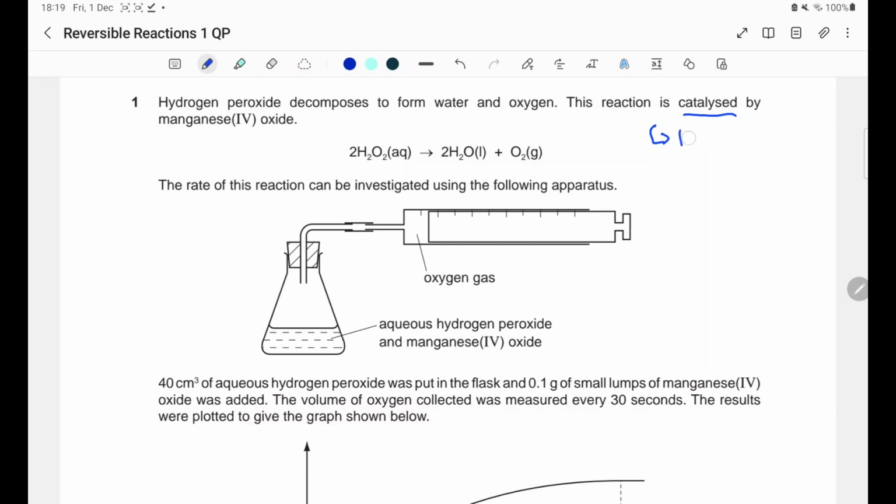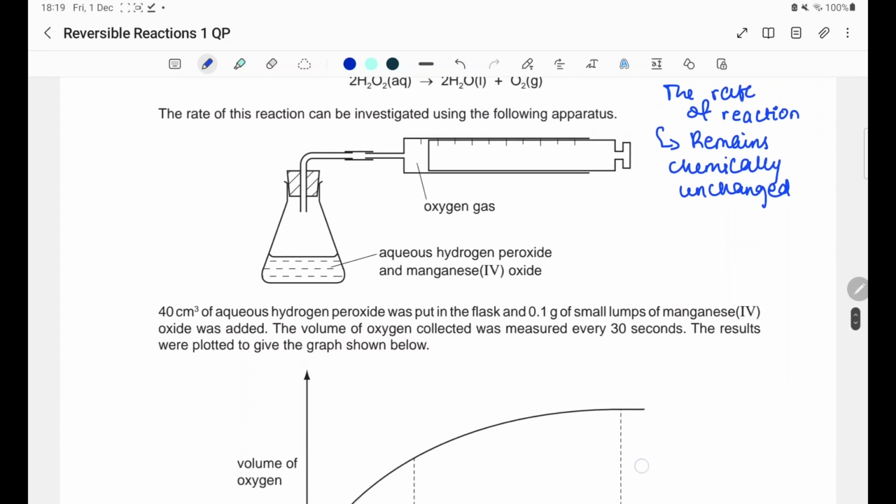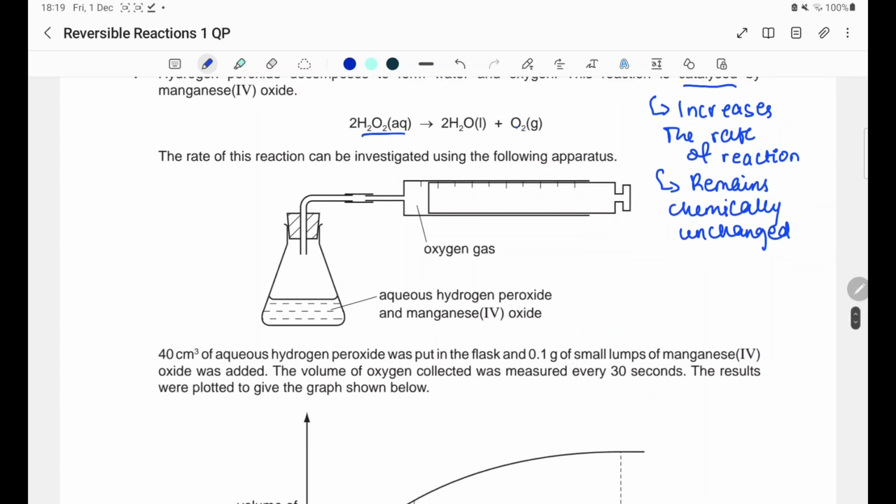It increases the rate of reaction and it remains chemically unchanged. Right, so we have hydrogen peroxide and it's forming water and oxygen.